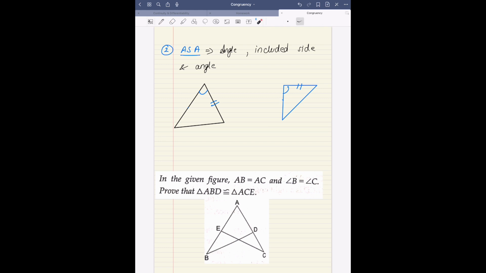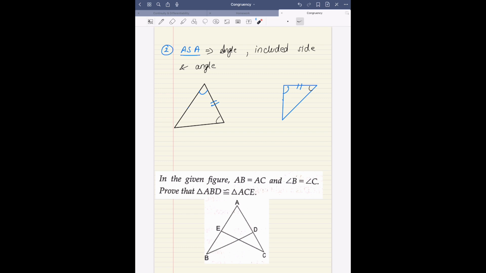So this angle is equal to this angle, then you have a side. Angle and angle, and the side is equal, and the other angle, which is this, should be equal. So this gives you ASA, your ASA criterion: angle, included side, and angle.